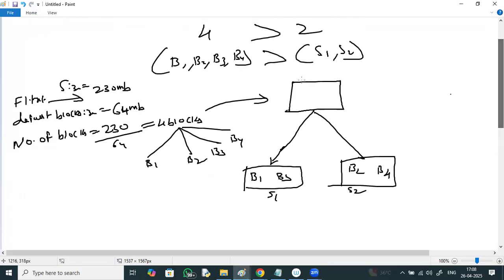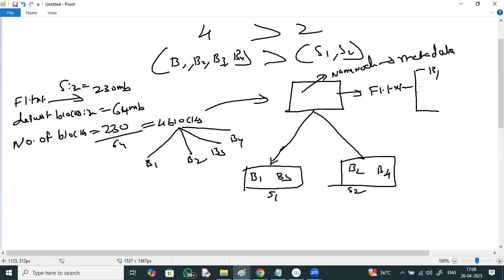This is the master node. Within that, we have a name node. The name node maintains metadata. Metadata means data about data. For example, data about f1.txt: divided into 4 blocks, B1, B2, B3, B4. B1 is stored by S1, B2 by S2, again B3 by S1, B4 by S2.